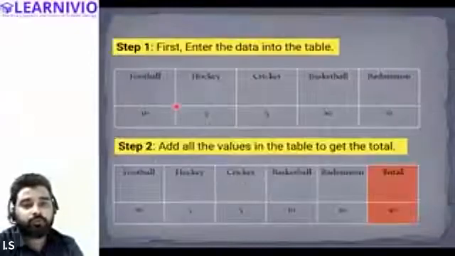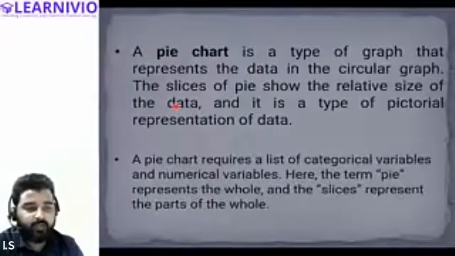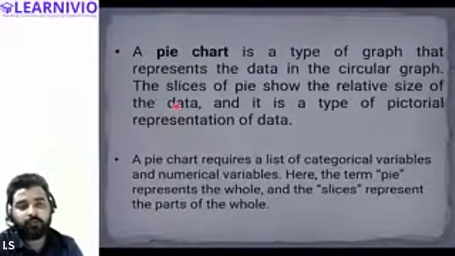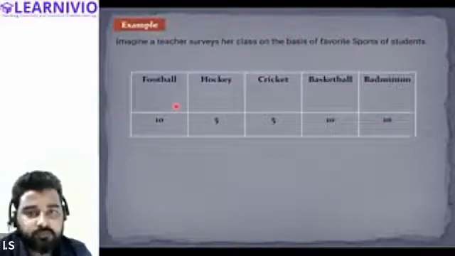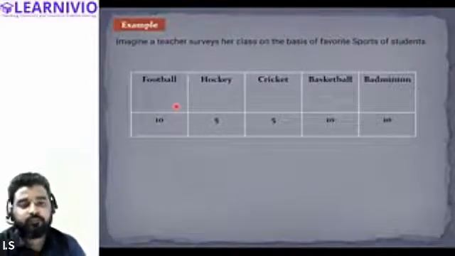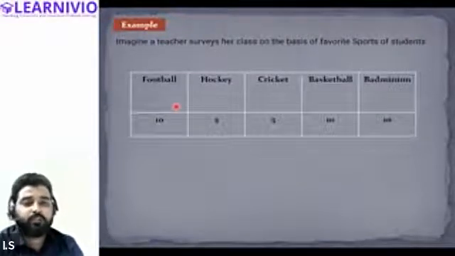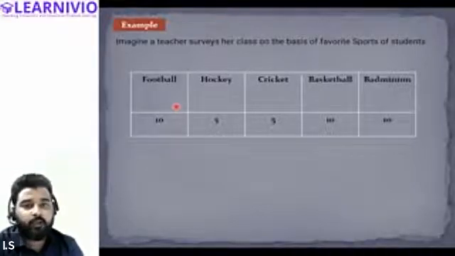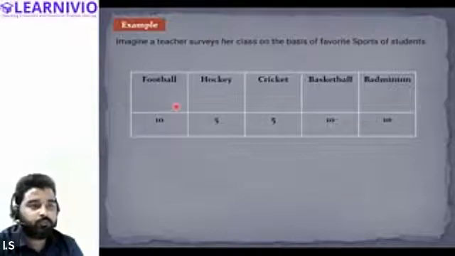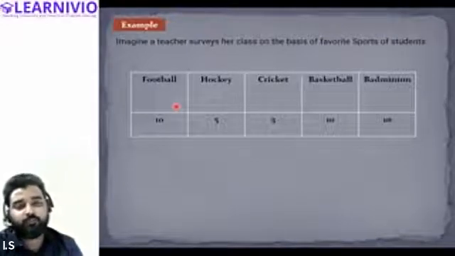Let's take an example to understand what a pie diagram is. There is information given regarding various types of sports, and the students interested in different types of sports.